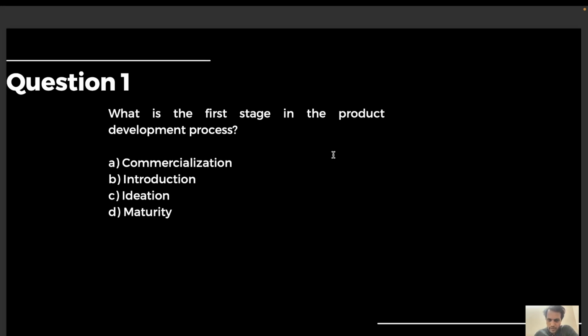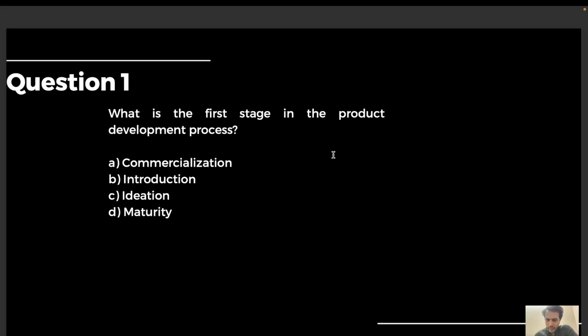So is it commercialization? Do we commercialize immediately? We can't. Introduction, do we have to introduce the product? Is it ideation? We need to ideate before actually building the product altogether.